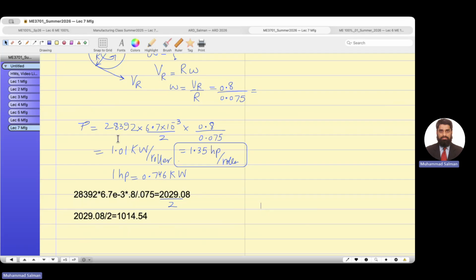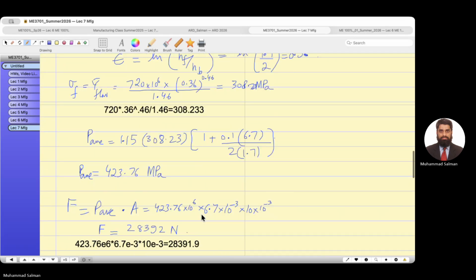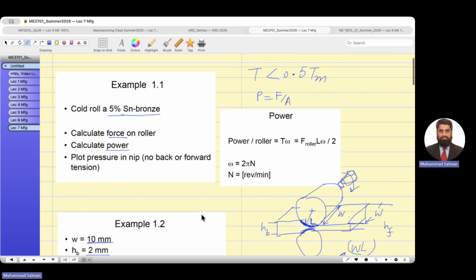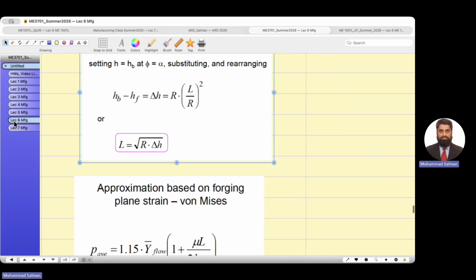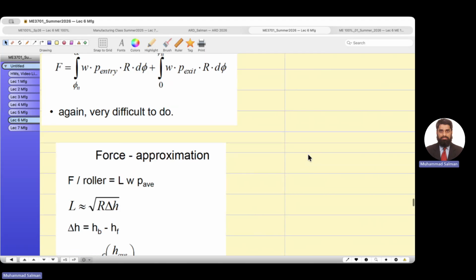Okay, that's good. We have found the answer. This is kilowatts per roller. And now, about the plot, the pressure in the nip is the same thing which you have to look over here.